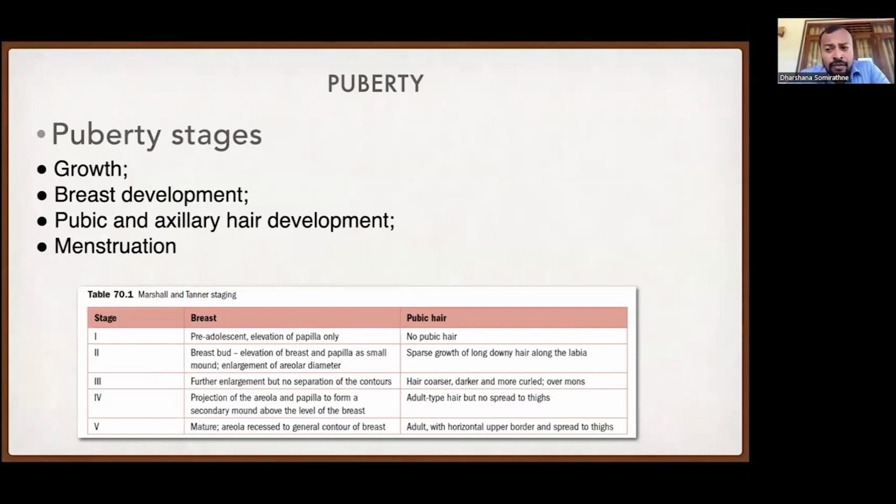There are 4 domains we talk about in puberty: the growth spurt, breast development, pubic and axillary hair development, and menstruation is the last event. You can all remember your basic physiology about the Tanner stage. I'm not going to talk much on that, just a recap of the pubertal stages: growth spurt, breast development, pubic and axillary hair development, and the last event is menstruation.